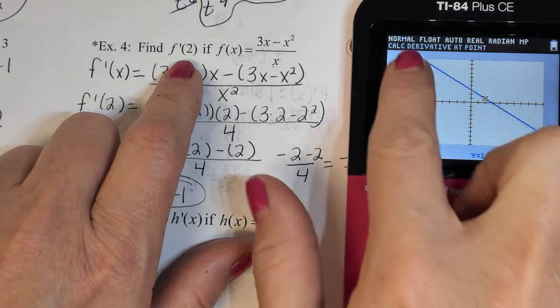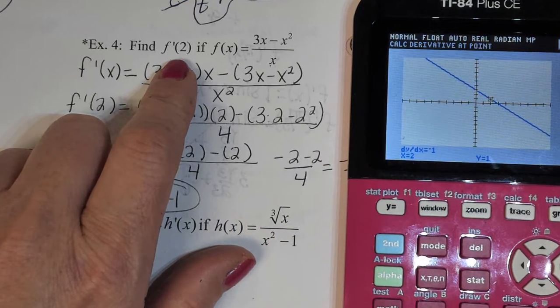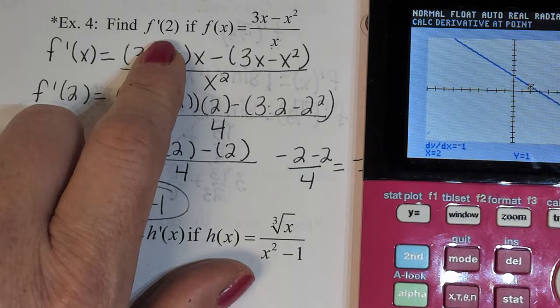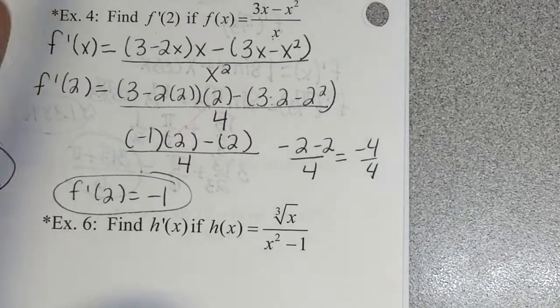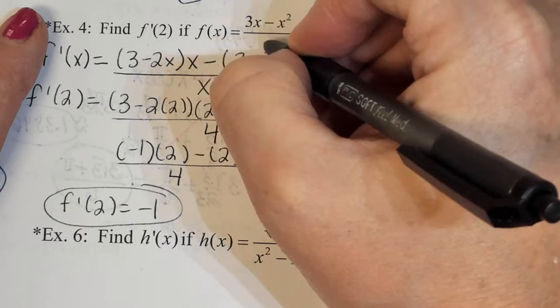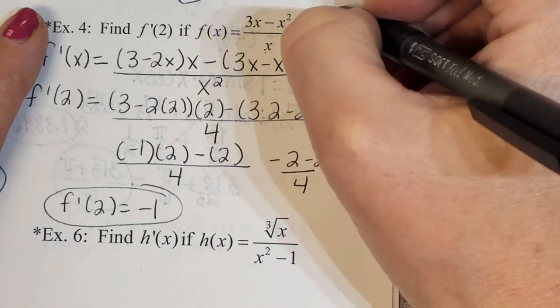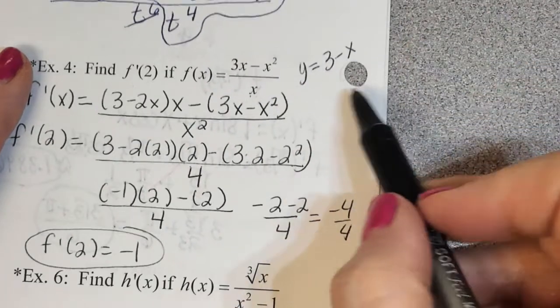Can anybody think of why this function just ended up being a line like that, a slanted line? Yeah, if you factored the x out of the numerator, you would just get 3 minus x. So that's really just the function. Remember way back when at the beginning, if we simplify this by dividing this by x and this by x, this function is 3 minus x.